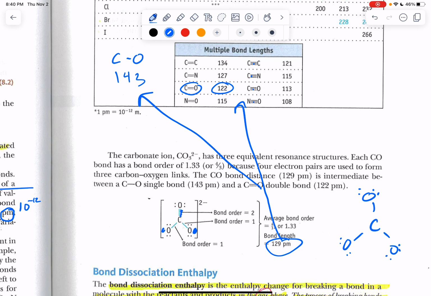And because I took away those two electrons, and that bond represents 2 electrons, those electrons are going to be located around there, and around there. And so it's technically 1 1/3 bond order. And that's why your bond length is in between the other 2.